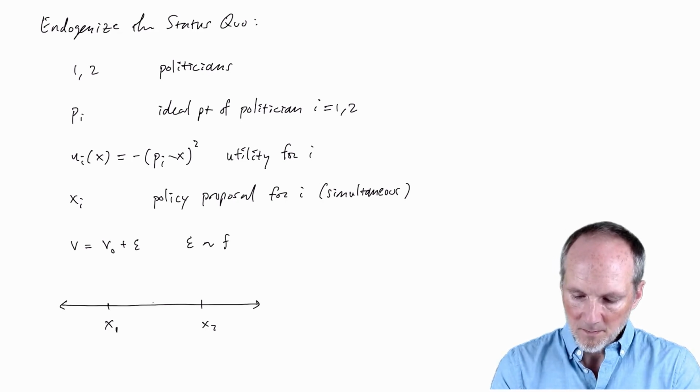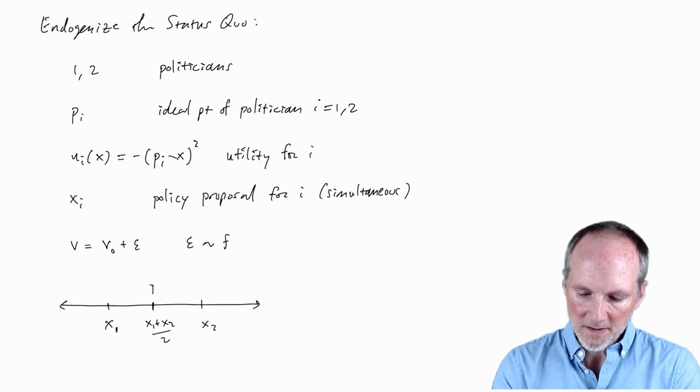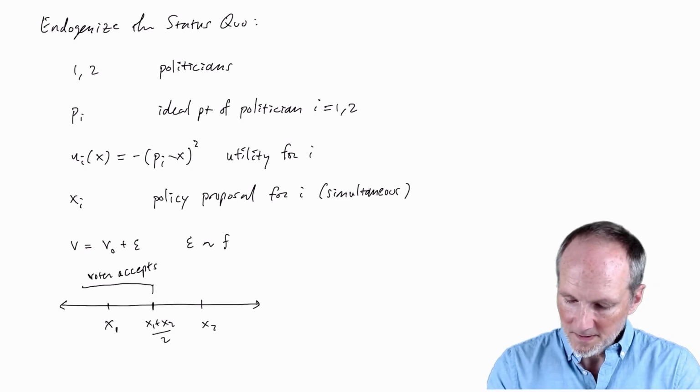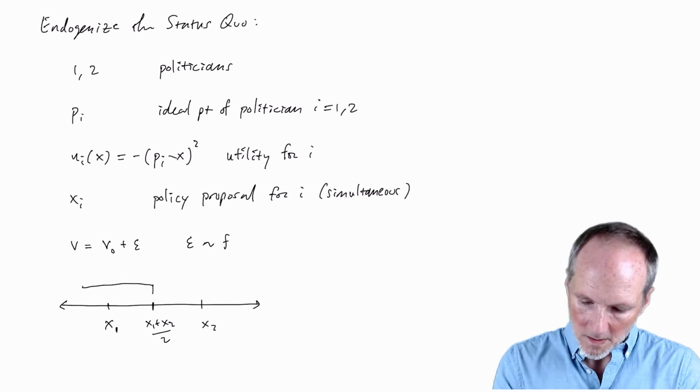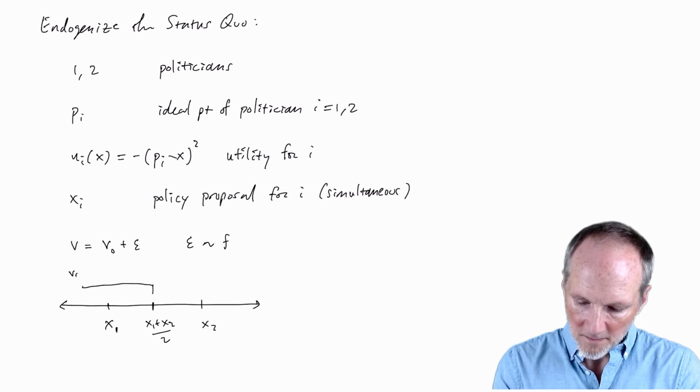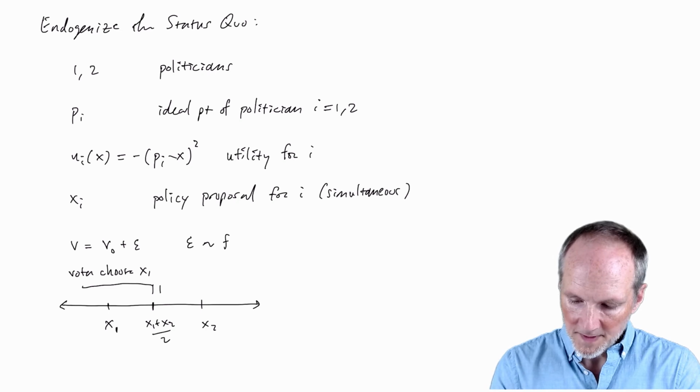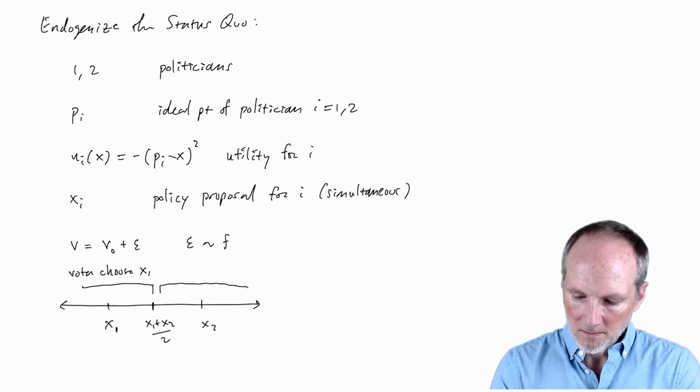Well, we find this midpoint, and as long as the voter's ideal point is to the left of that midpoint, the voter will choose x1. If the voter's ideal point is to the right of that midpoint, the voter chooses x2.